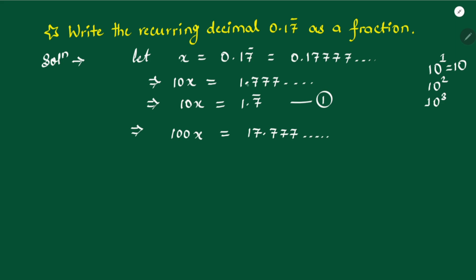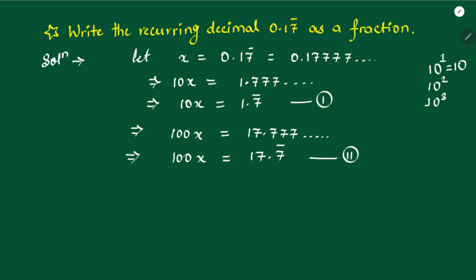If you multiply this with 10, the decimal will shift towards the right one place, and it will give you 17.777, right? Now this can be written as 100x is equal to 17.7 recurring, and let's call this equation 2.